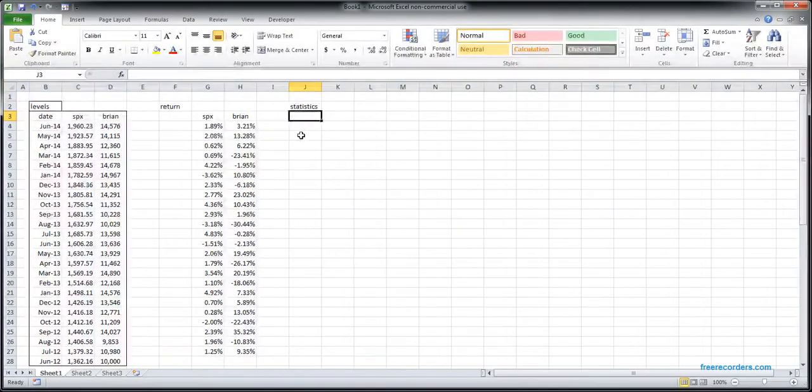A few that are interesting would be the absolute return over that period of time, the standard deviation, the average, or the mean, and the coefficient of variation. I'll show you each of these and explain why these are important. So let's put the S&P here, and we'll put my returns here.